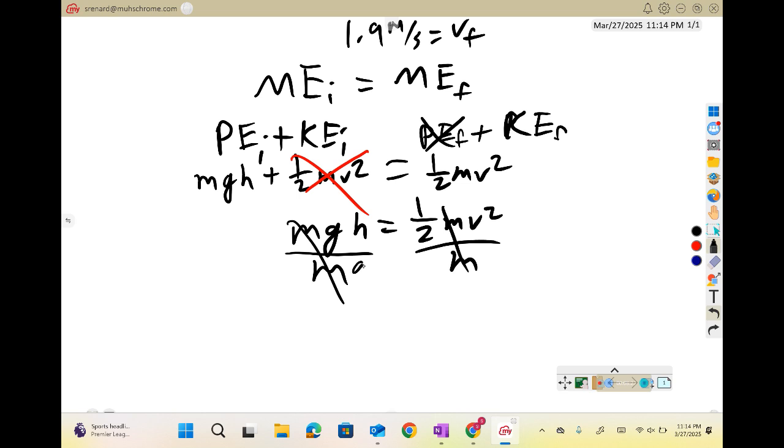Divide both sides by g. And this would give me h equals v squared over 2g. Notice that the mass doesn't have anything to do with it. From this point on, you should be able to look at the problem and figure out how to solve for the height that it dropped, which is going to be equal to the length of the string.